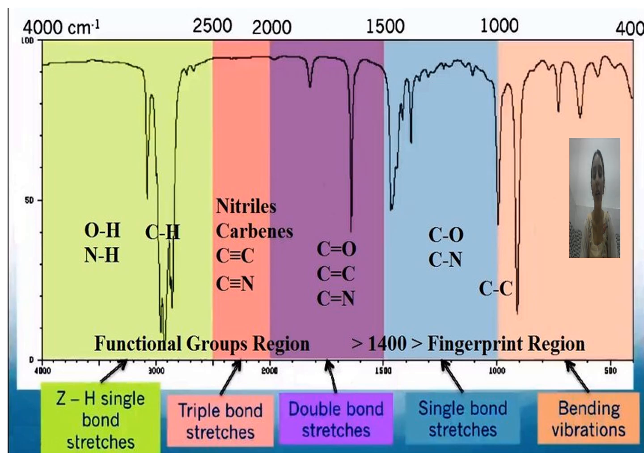The region of the double bond is between 1800 and 1600 centimeter inverse, and there is also a single bond region, which comes in the fingerprint region.